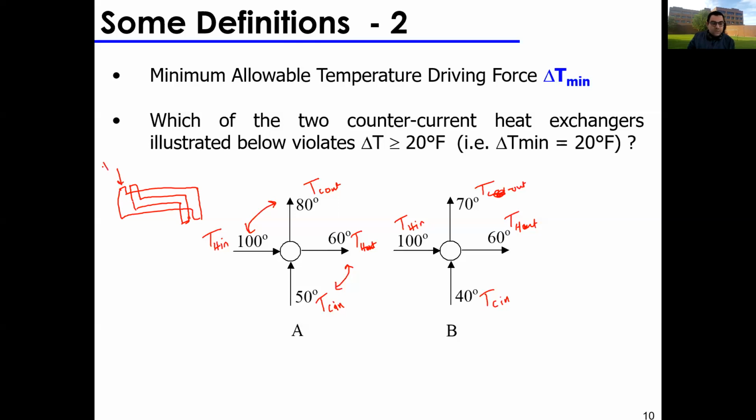This is TH in, this is TH out. I have TC in, and here TC out, right? And the two fluids flow in opposite directions. So in this case, fluid flows in this direction, and inside here, the fluid flows in this direction. So I need to compare TH in with TC out and TC in with TH out, right?